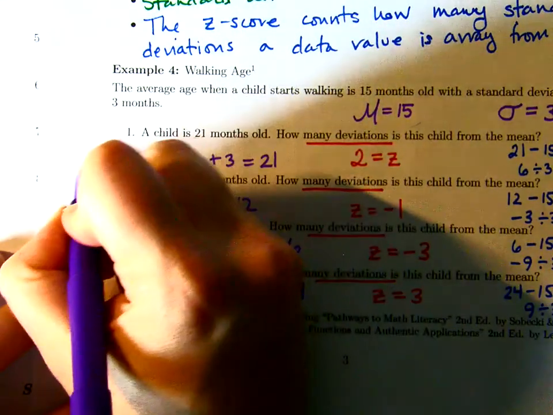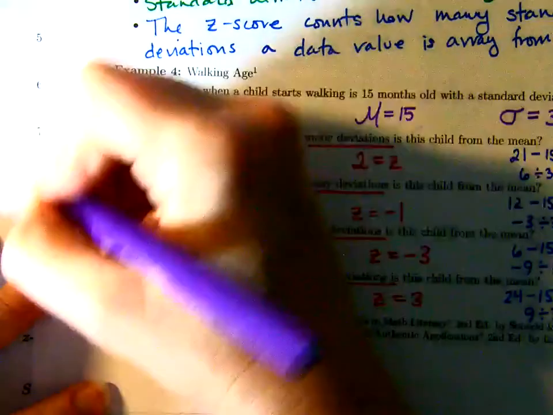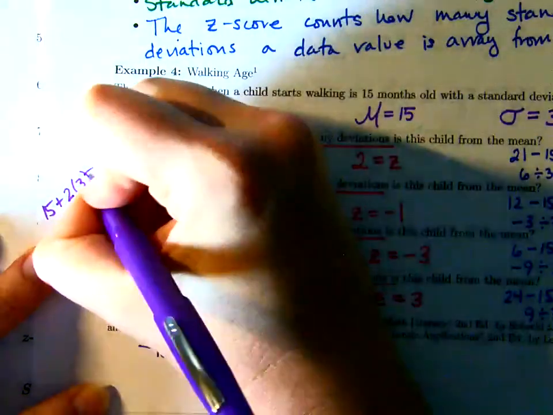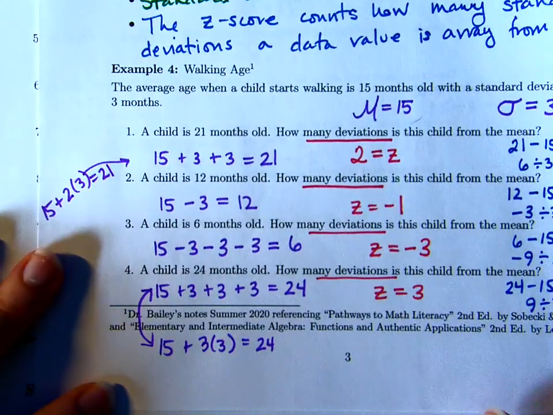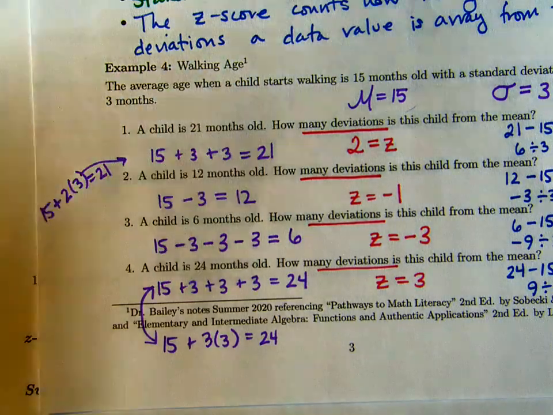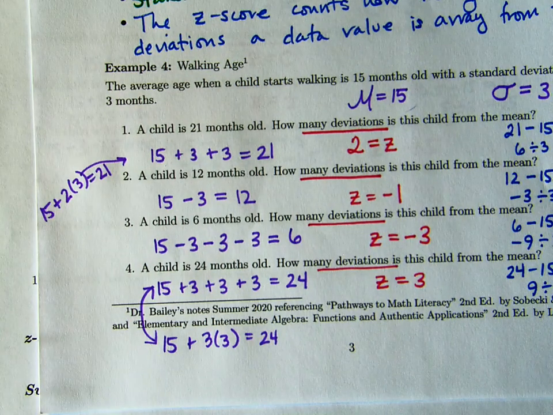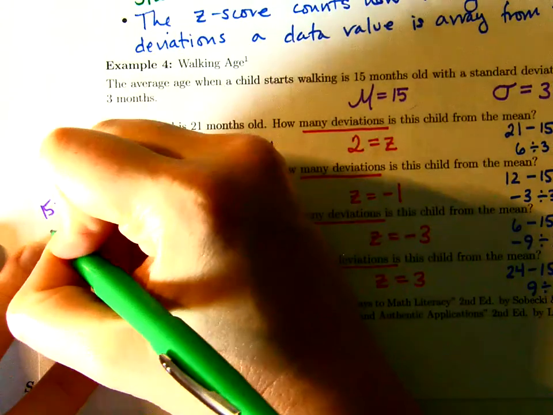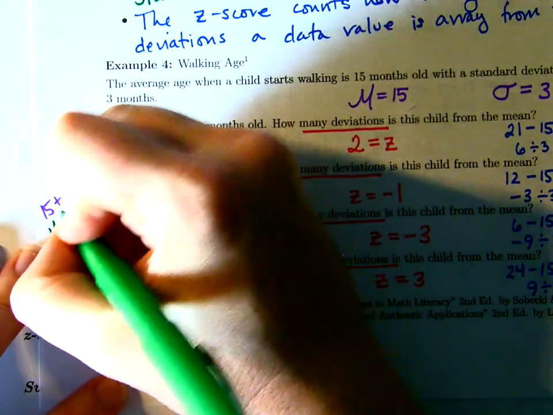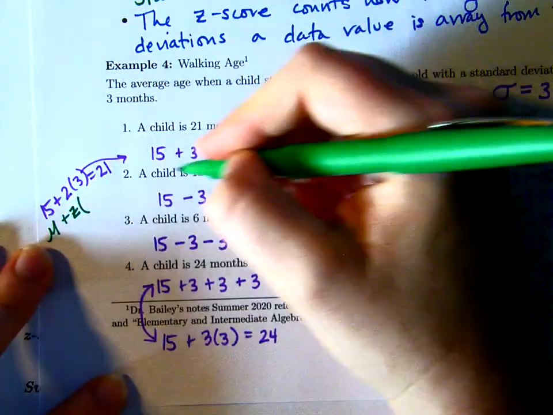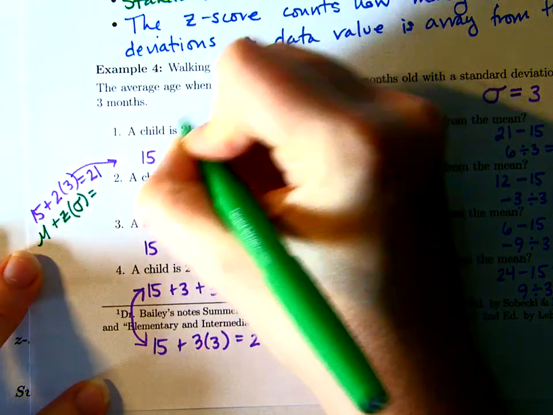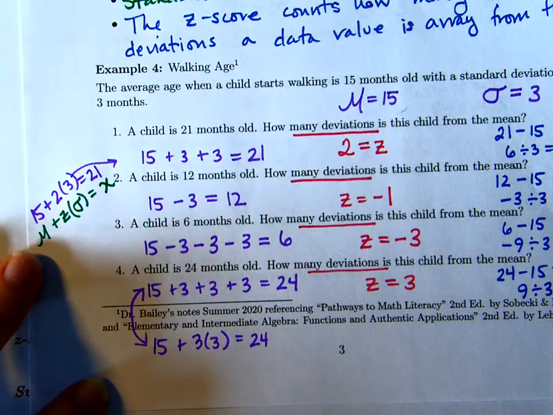And this one would read 15 plus 2 sets of 3 equals 21. Okay, and so if I'm going to extend this and put in a generalization here, the 15 is the mean. The 2 is playing the role of z, how many. The 3 is the standard deviation. And the 21 is our data value.